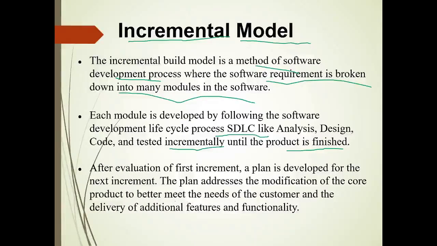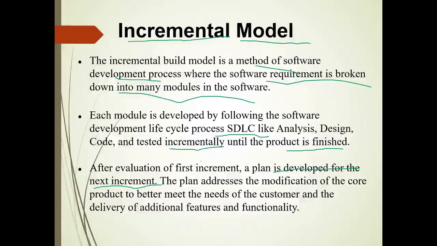After validation of the first increment, a plan is developed for the next increment. Once you complete the module, you go for the second module, and then afterwards you move to the next module.